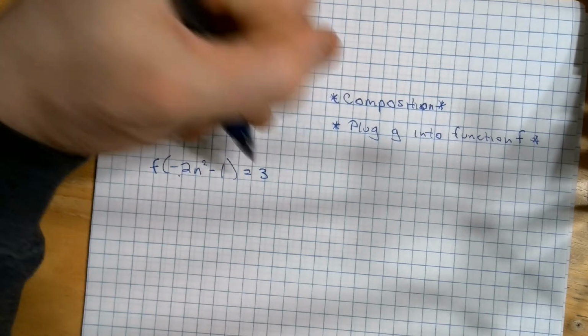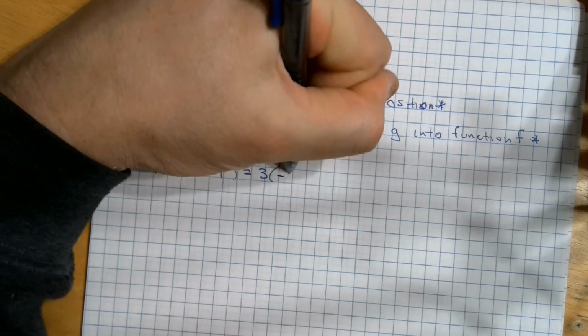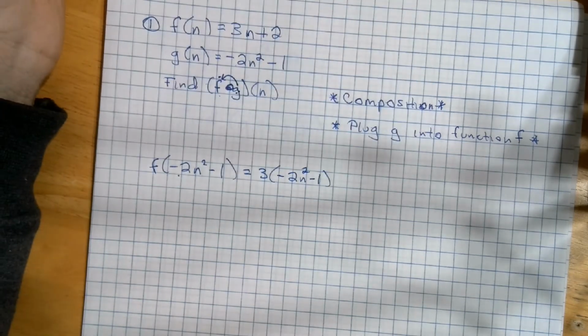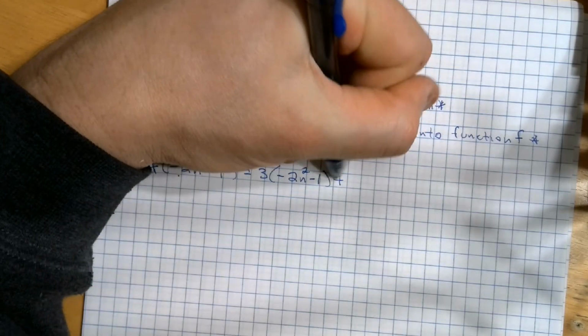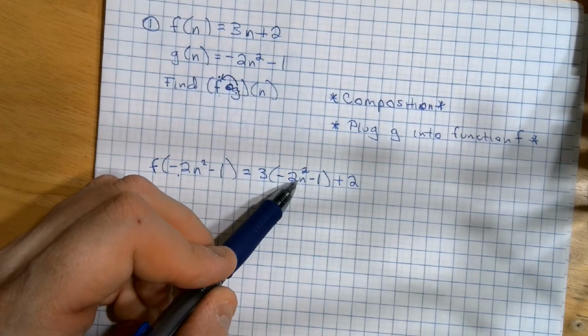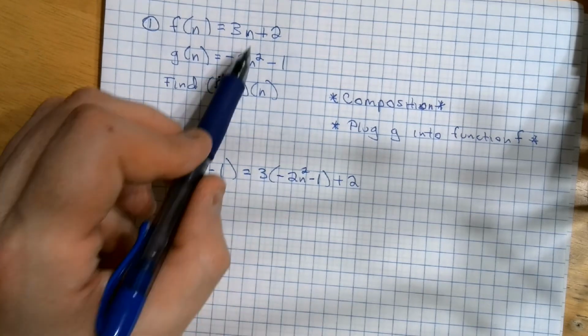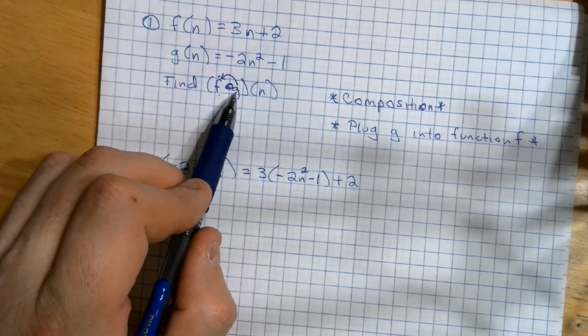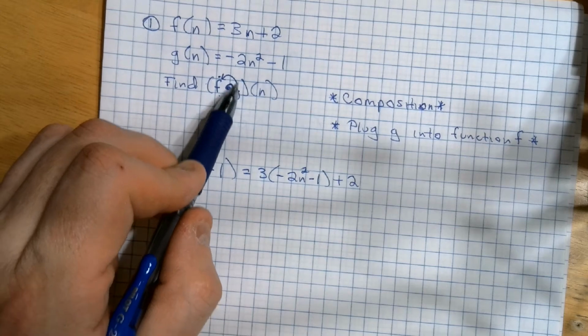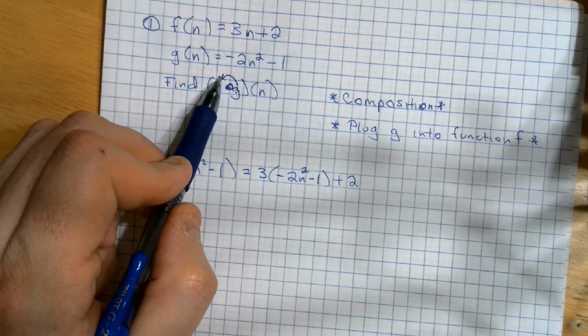So I'm going to keep my 3, negative 2n squared minus 1. That's what substitutes in. And then plus 2. So once again, just to reiterate what I did, I substituted in negative 2n squared minus 1 in place of n right here. And I did that because it's f composition g, which means I take g and I plug it back into function f.